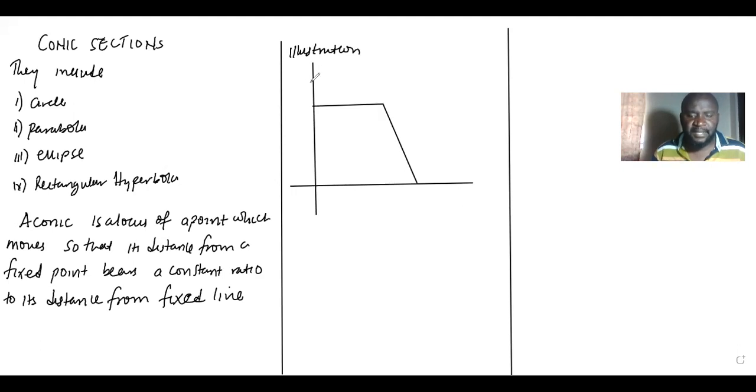If this is the line, then the perpendicular distance from this line at point M to a point P, this P moves in a way that the ratio of the distance from a fixed line to a variable point S, which S is what we shall be calling the focus. This point S is fixed and the P moves. So P, the distance of P from a fixed point to a given line, which is also fixed somewhere away. This is a fixed line, which line we normally call the directrix.